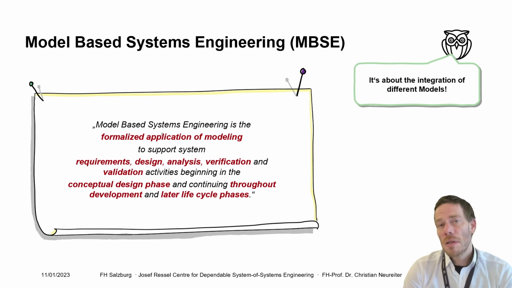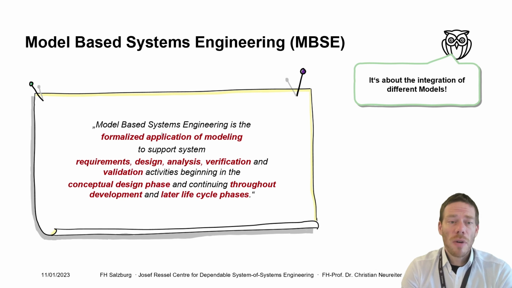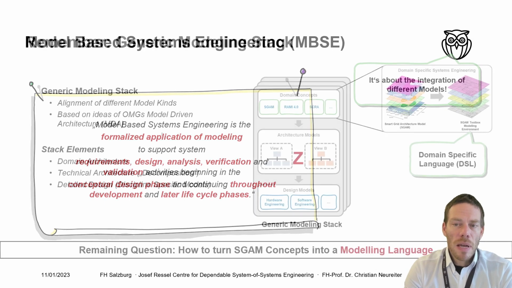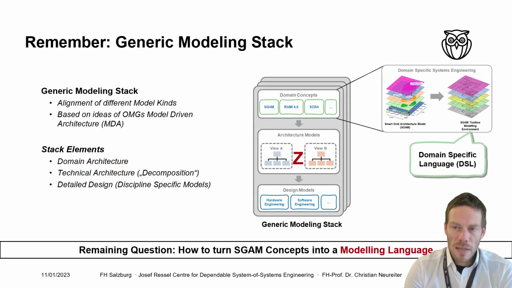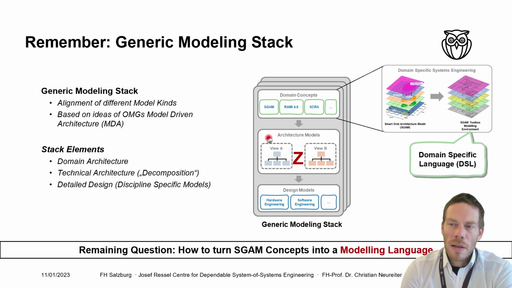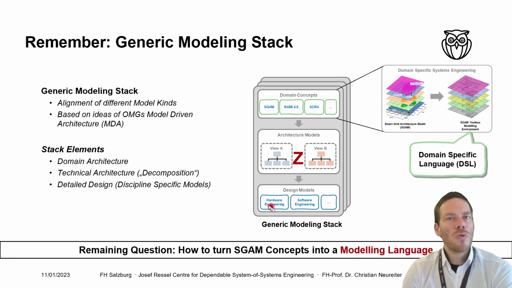So the question is, which types of models do we use and how can we integrate them to maintain one big, holistic picture? Keeping in mind our generic modeling stack from the last lecture, we have design models, which are used by different disciplines like electrical engineers and software engineers.